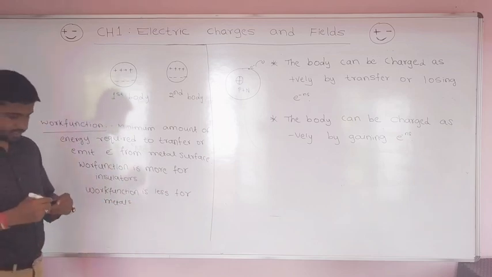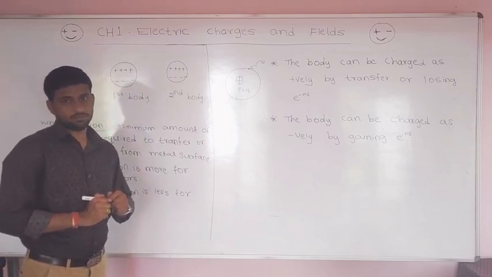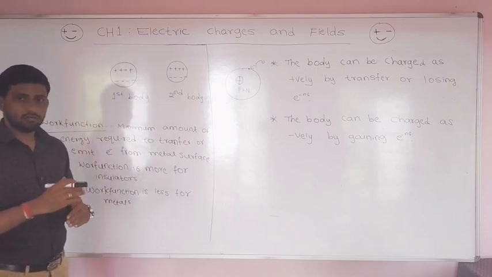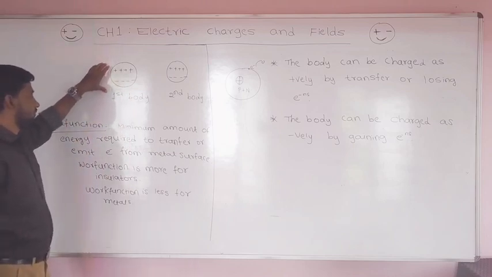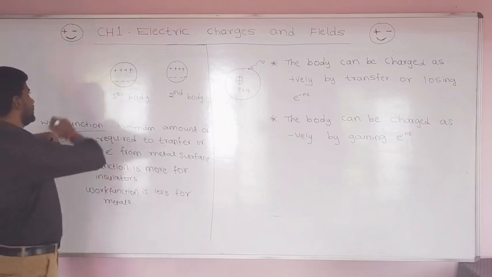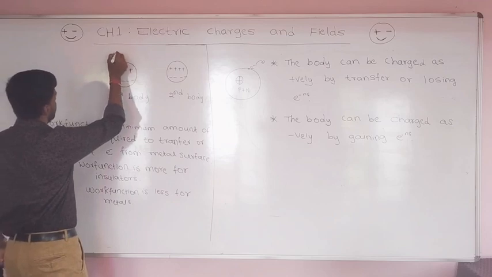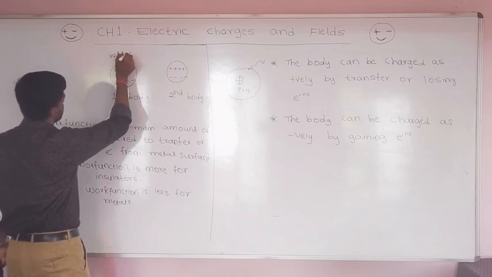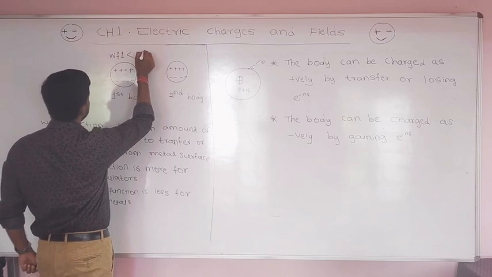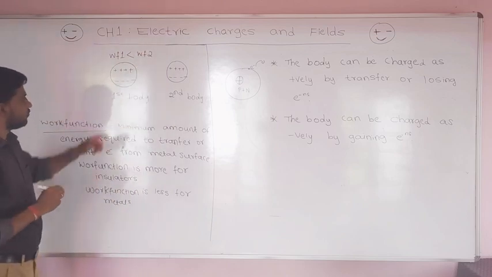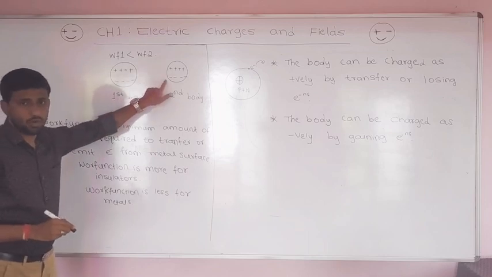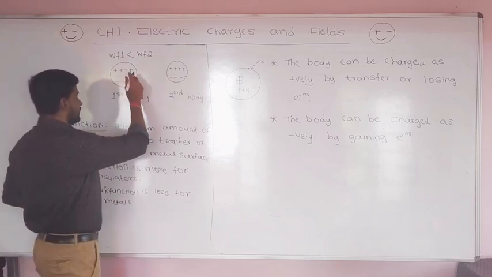That means metals require less energy to emit an electron from their surface. So if the work function of the first body is less compared to the work function of a second body, then electrons will transfer from the first body to the second body. It takes place by rubbing.